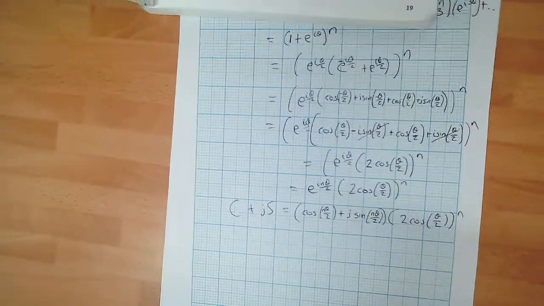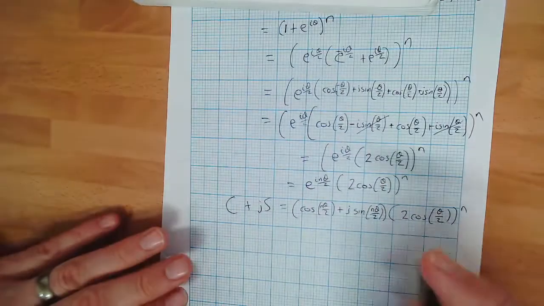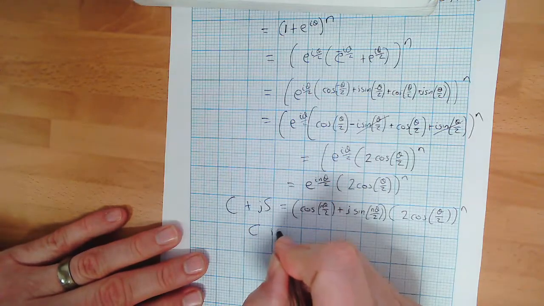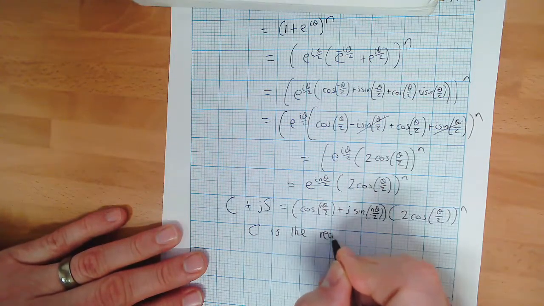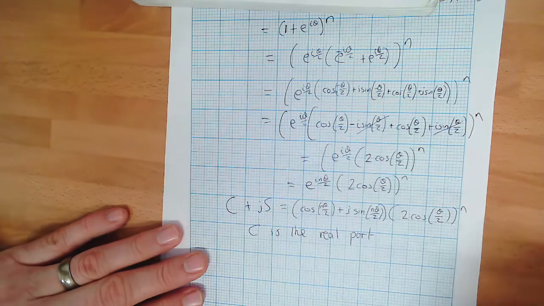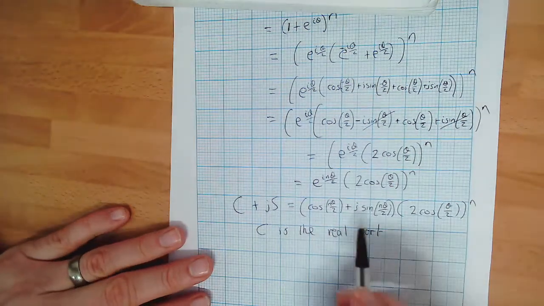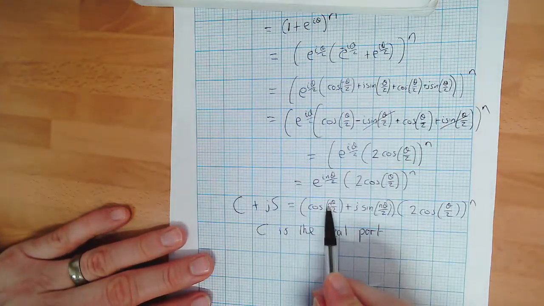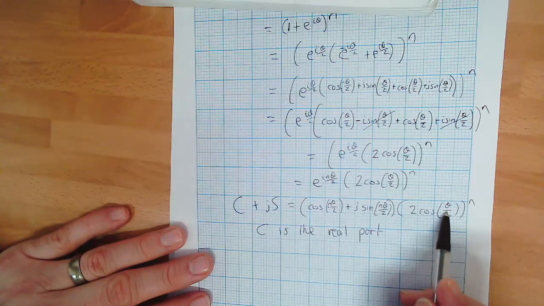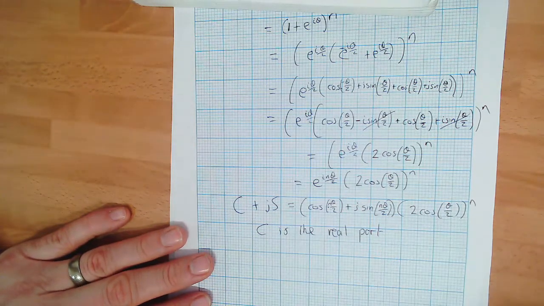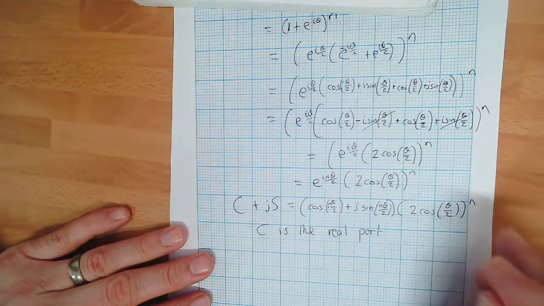So what I do is I just take the real part of this. So C is the real part. The real part is C. So the real part would be that multiplied by that. If I wanted the imaginary part, it would be this multiplied by this.